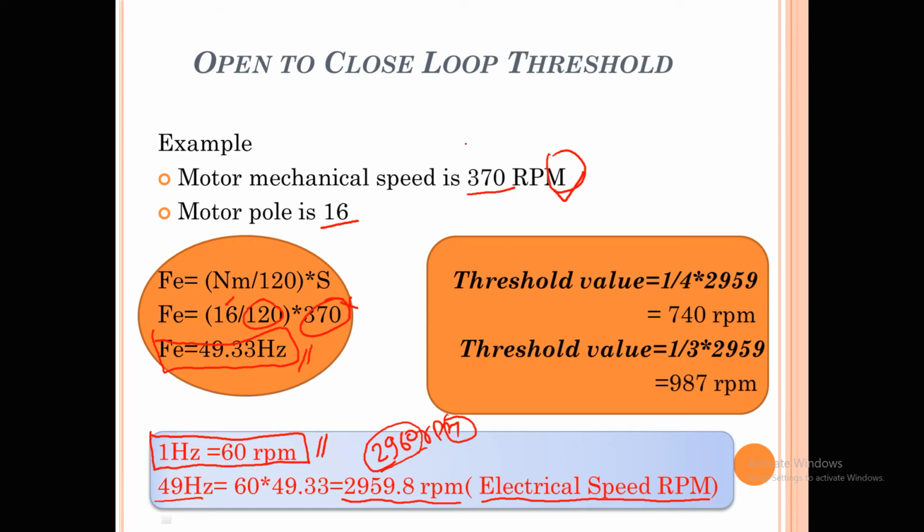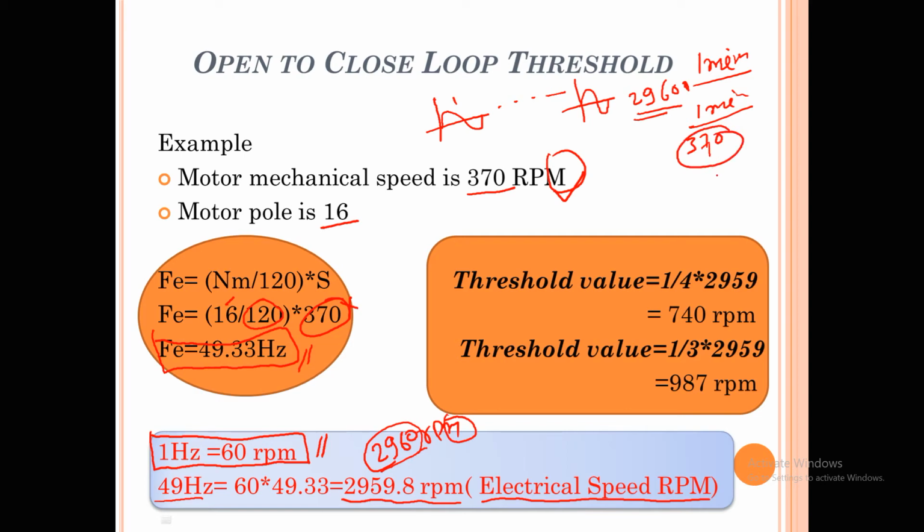Just like if your motor is rotating in 1 minute, you are sending this particular cycle, this is considered 1, so almost 2960 cycles that you are going to send in 1 minute, when your motor is rotating 370 times.